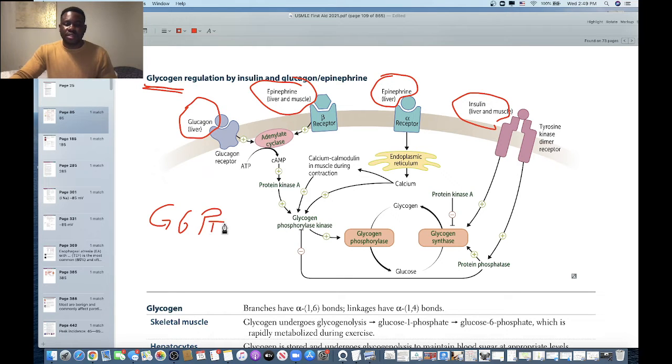Not the phosphate, but the phosphatase. Glucose 6-phosphate is formed as soon as glucose enters a cell, trapping it with the phosphate. But this time we are removing the phosphate so that the glucose can leave the liver cells and go into the blood for maybe the brain or other things to use. So the phosphatase is the opposite of the glucokinase or hexokinase.